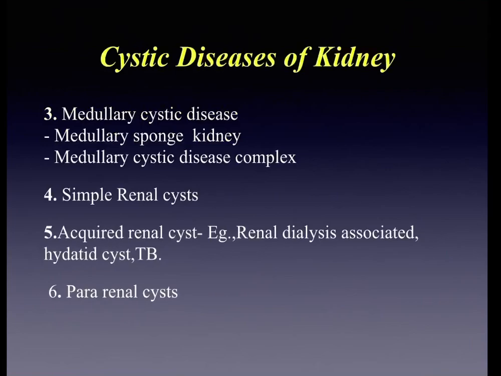The third one is medullary cystic disease, which again has two components. Then we have the simple renal cyst followed by acquired renal cyst, which can be associated with renal dialysis, hydatid cyst and tuberculosis. Then we have the pararenal cysts, which are seen adjacent to the kidney.